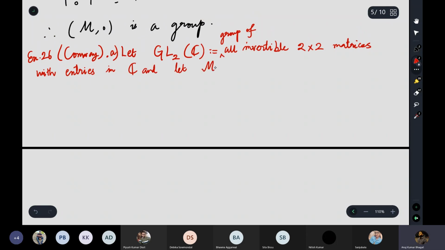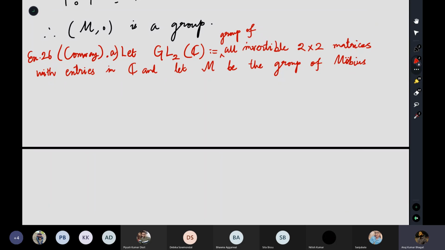Let M be the group of Mobius transformations. So now you know that M will be a group. I have proved that Mobius transformations form a group.